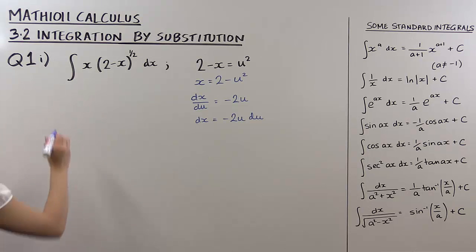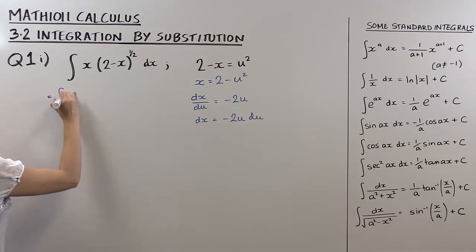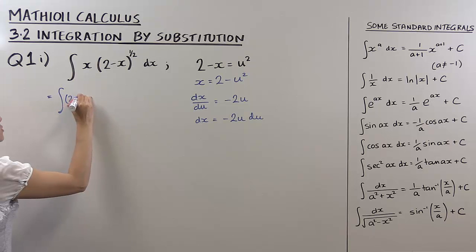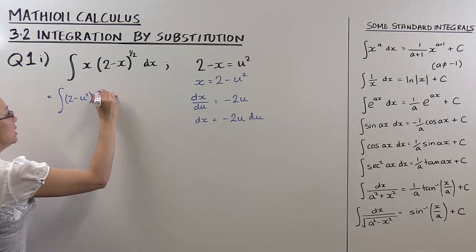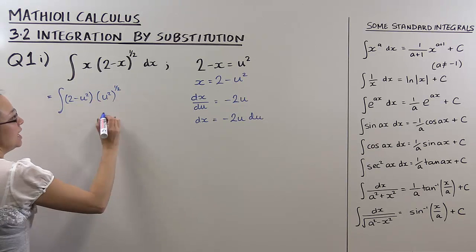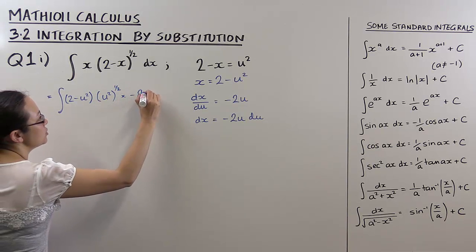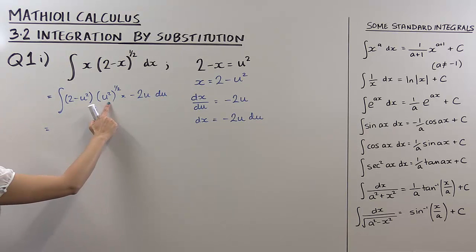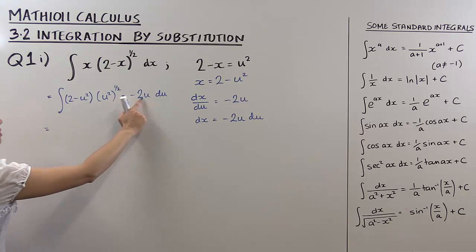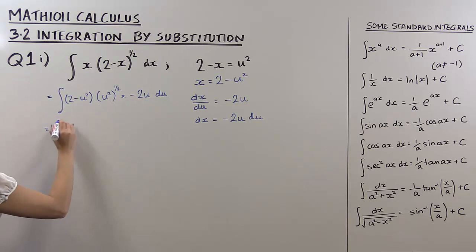Okay, so let's rewrite this integral now in terms of u. X is 2 minus u squared. 2 minus x is u squared. And dx is minus 2u du. So this is just a u here. So I have minus 2u squared multiplied by this.